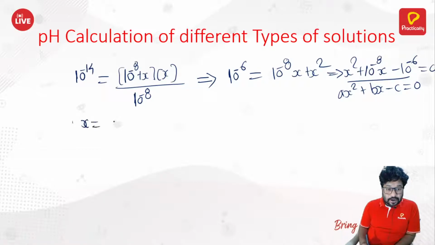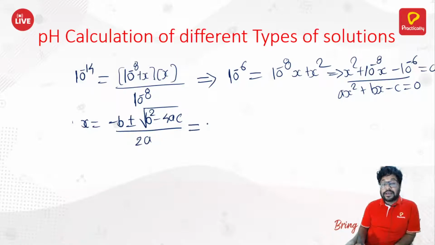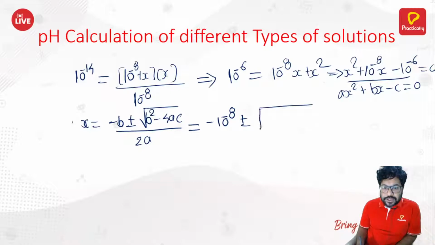Your x is equal to minus b plus minus under root b square minus 4ac upon 2a, right? This is your b, 10 raised to minus 8, so minus 10 raised to minus 8, plus minus under root b square, which is 10 raised to minus 8 square, minus 4ac. A is 1.